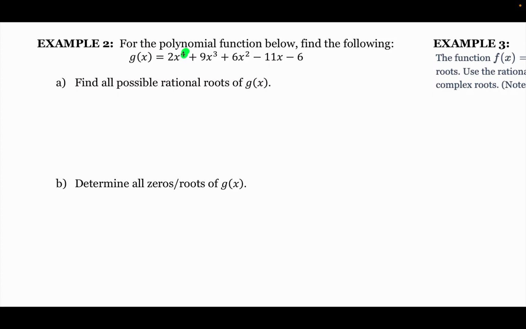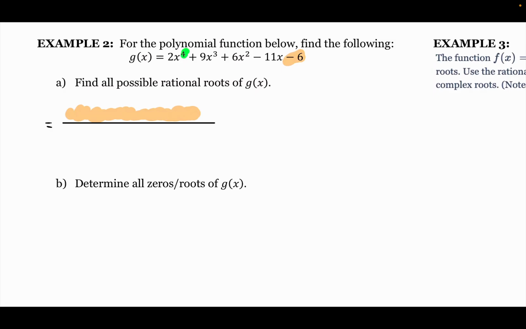List of candidates. On top is the list of the factors of -6, because that's the constant.